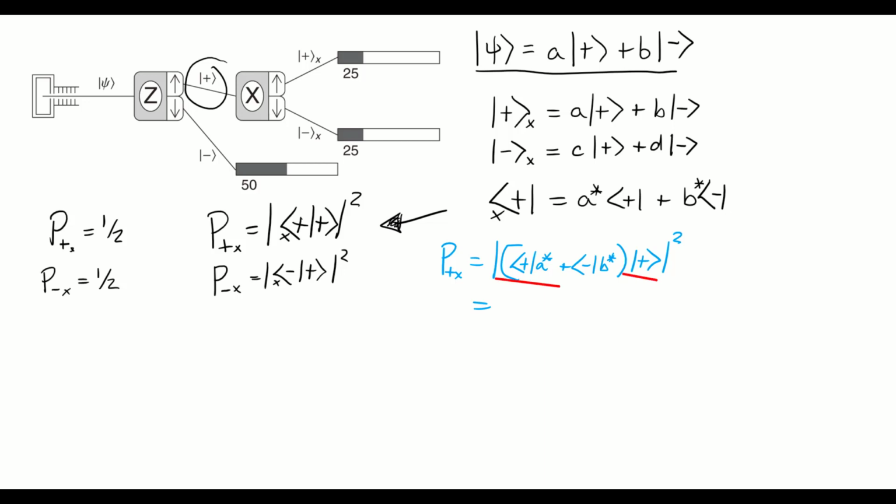Since the spin up states are normalized to 1, and the spin down state and the spin up state are orthogonal, that term is 0. We end up with just the magnitude of a squared, right?